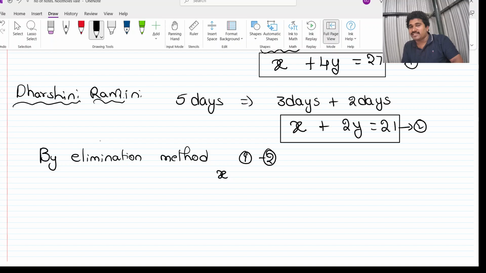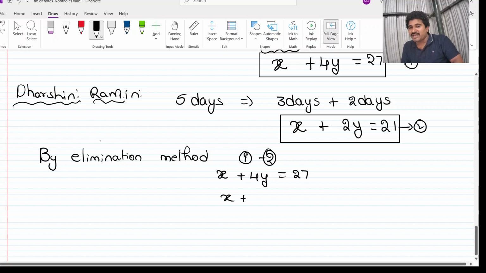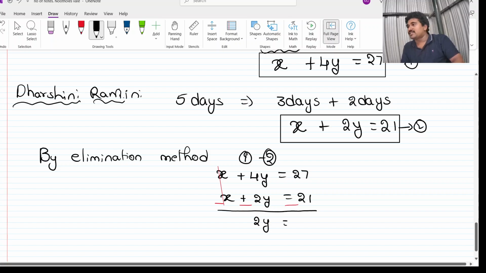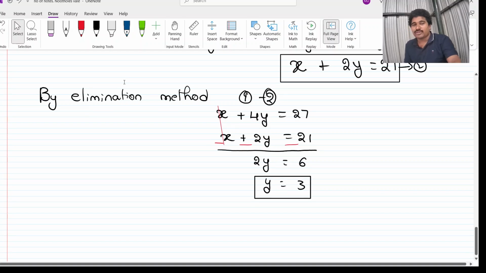Write down the equations. x plus 4y equal to 27. x plus 2y equal to 21. Sign change, minus. x minus x cancels. 4y minus 2y is 2y. 27 minus 21 is 6. y is equal to 3. Now, substitute.